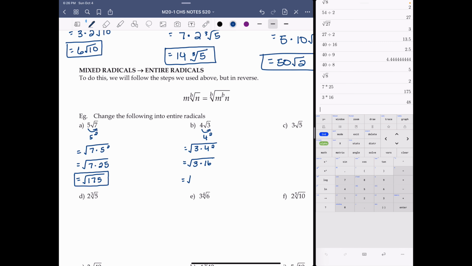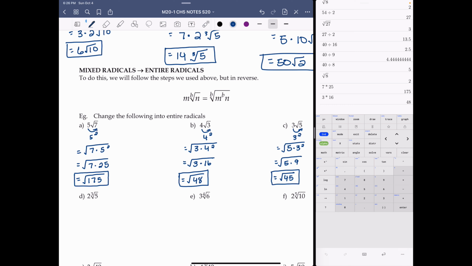We get the square root of 48. 3 times the square root of 5. If we want to put 3 under the square root, we need to square it. We get the square root of 5 times 3 to the 2, which is the square root of 5 times 9, which is the square root of 45.